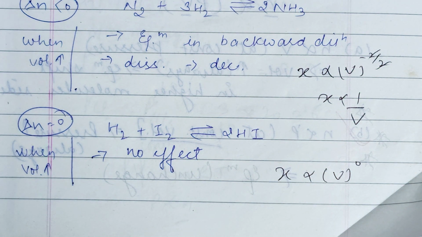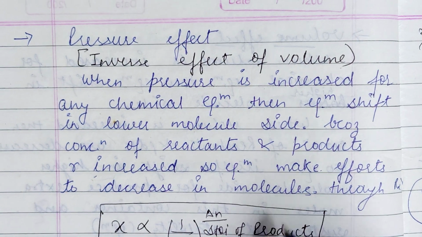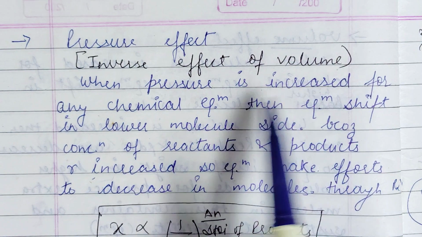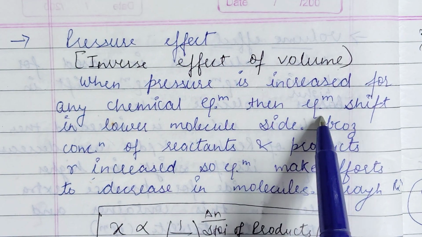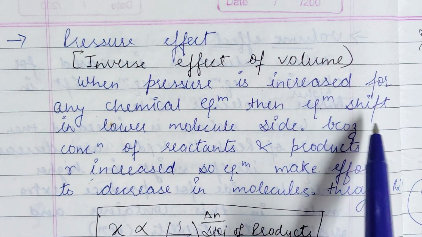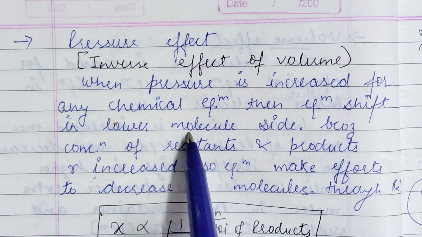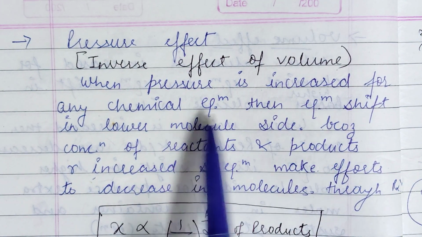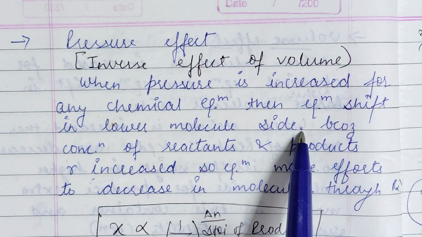Next is pressure effect, the inverse effect of volume. When pressure is increased for any chemical equilibrium, the equilibrium shifts to the lower molecular side.